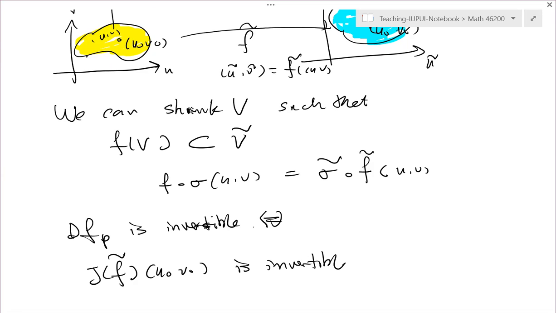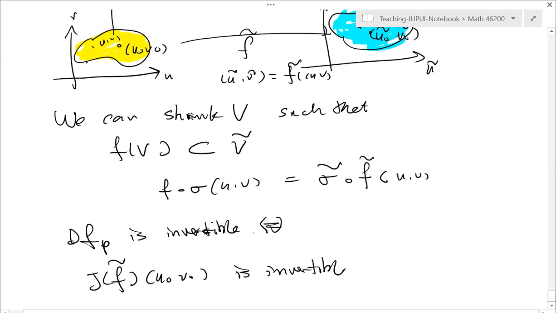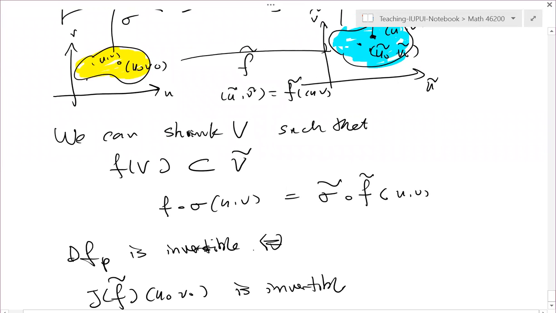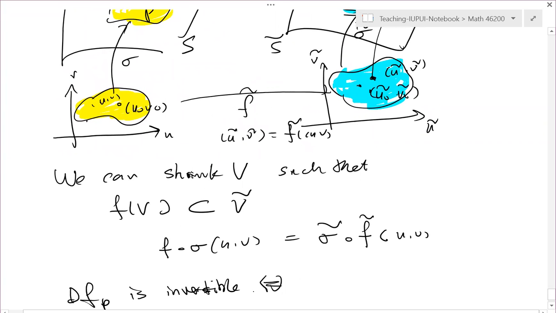Once the Jacobian is invertible, then you apply the implicit function theorem. You can find a smaller neighborhood here and a small neighborhood here, so that you can find the inverse.